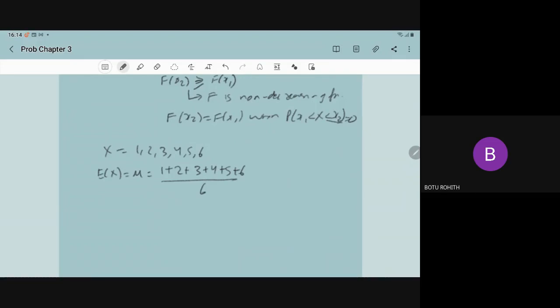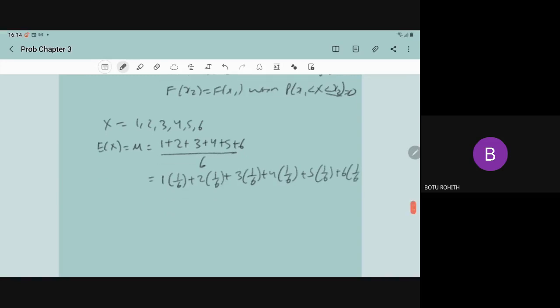If you observe, this is 1 into 1/6 plus 2 into 1/6 plus 3 into 1/6 plus 4 into 1/6 plus 5 into 1/6 plus 6 into 1/6.